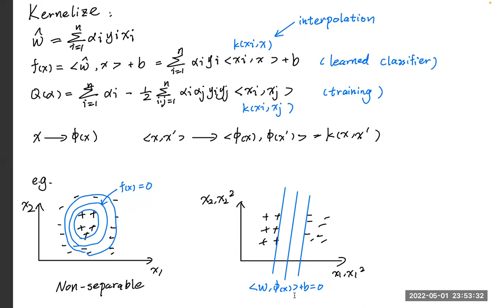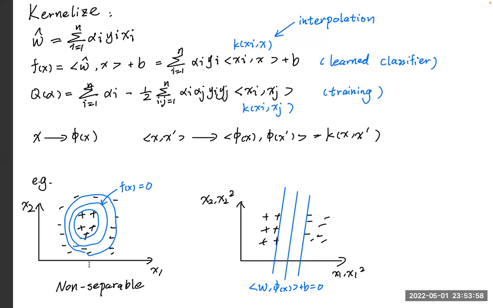If you look at this feature space, this boundary is just a separating hyperplane. It's linear because it's linear in phi of x. But this function in the original space is nonlinear, because phi of x can involve nonlinear transformations, for example, x1 squared and x2 squared.